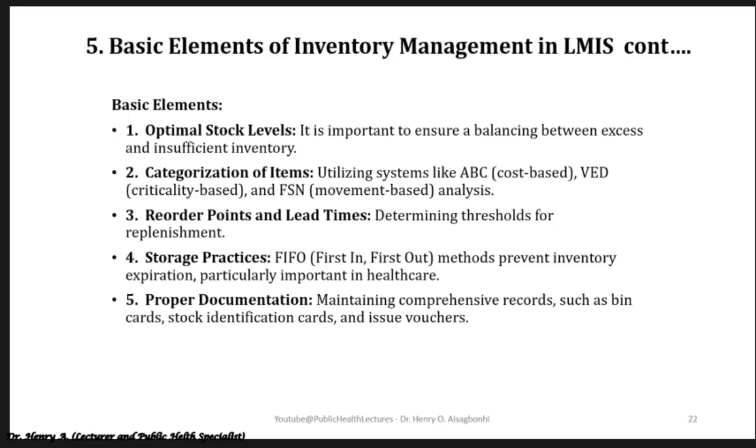The A items are high value items and they need strict control, while the B items are moderate and the C items are low cost. So, I repeat, the A items are those that are of high value and they need strict control. The B items are moderate and C items are low cost.